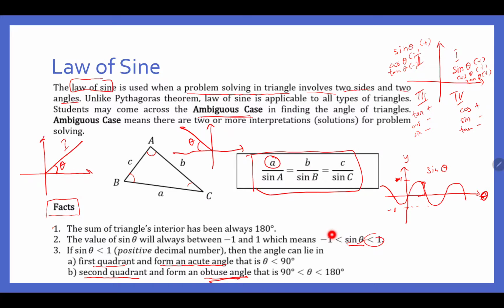a kecil ni adalah dia opposite side with angle A lah. Okay, c pula dia opposite side dengan angle C, b opposite side dengan angle B. Okay, so masuk dalam formula law of sine kat sini.